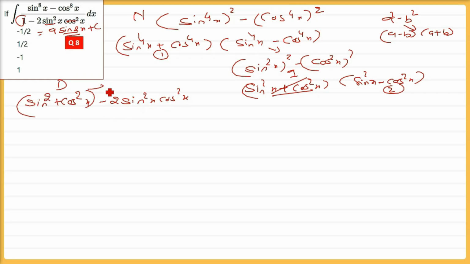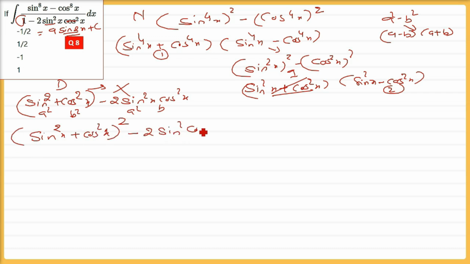So I hope that this kind of approach will not benefit us, because a square plus b square minus 2ab won't work here. So you ought to have sin square x plus cos square x whole square. So in place of 1, write sin square x plus cos square x whole square. Then you have minus 2 sin square x cos square x already.